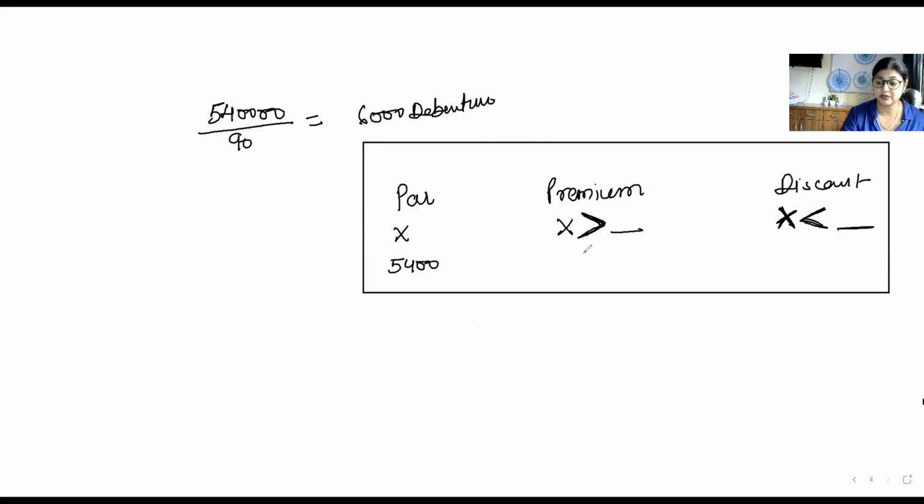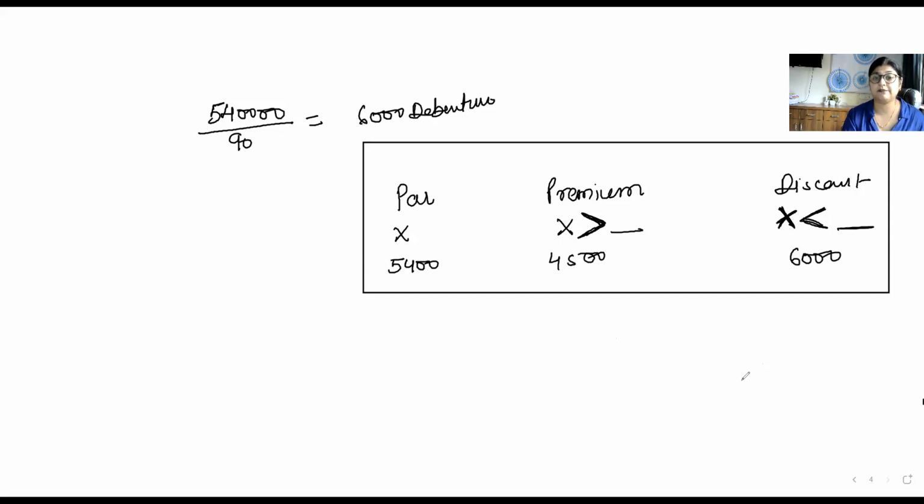Over here, our number of debentures was 4,500. So 4,500 is lesser than 5,400. And over here, our number of debentures has become 6,000. So 6,000 is greater than 5,400. By doing this, you can verify whether your calculations are correct or not. And always do double calculation and verify.